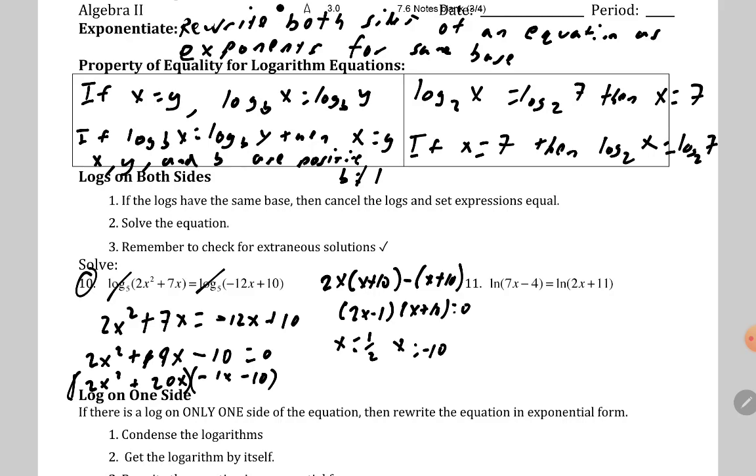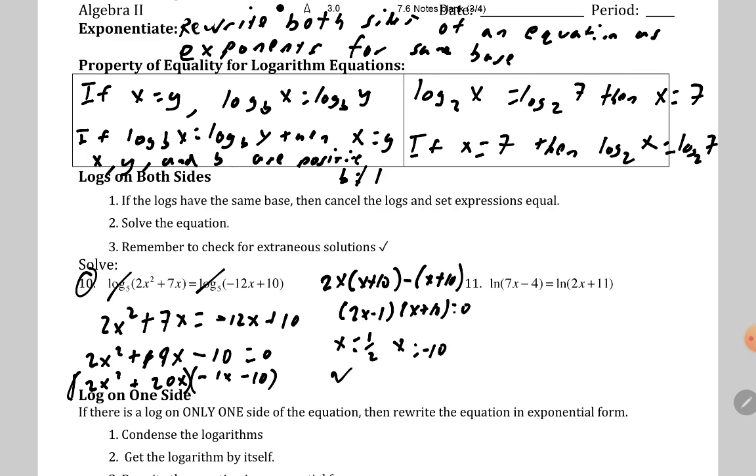And you want to plug these back into the equations and make sure this works, because you can't take the log of a negative number. So if I plug in 1/2 into these, the left side is okay. The right side is 1/2 of negative 12 is negative 6 plus 10 is still positive, so we're good.